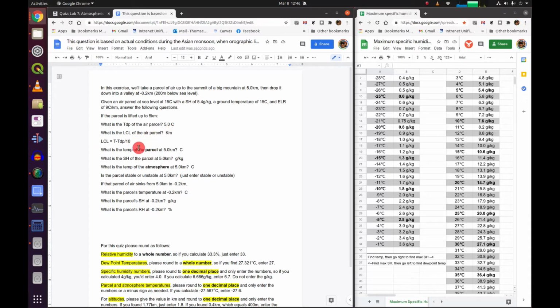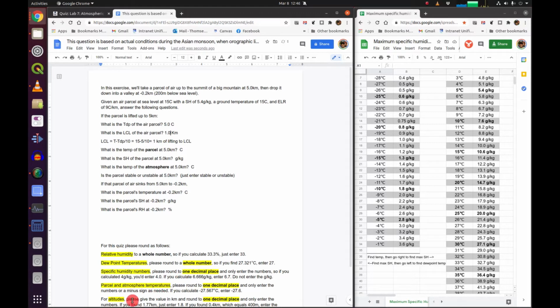So the temperature is 15 minus 5, divided by 10. 15 minus 5 is 10. 10 divided by 10 is 1 kilometer of lifting to the LCL. So the lifting condensation level is 1.0.